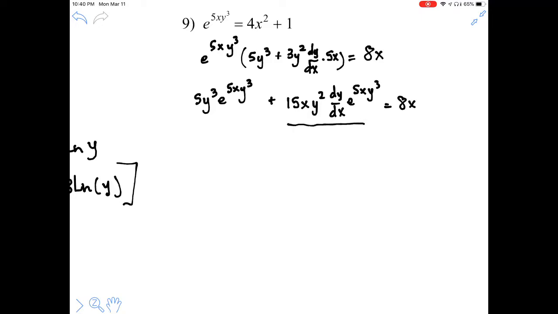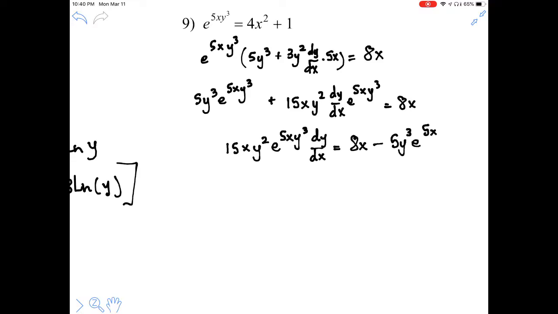Now that's the only term there with the dy dx, so I'm going to move this term to that side by subtracting. So we're going to have 15xy squared e to the 5xy cubed times dy dx equals 8x minus 5y cubed e to the 5xy cubed.